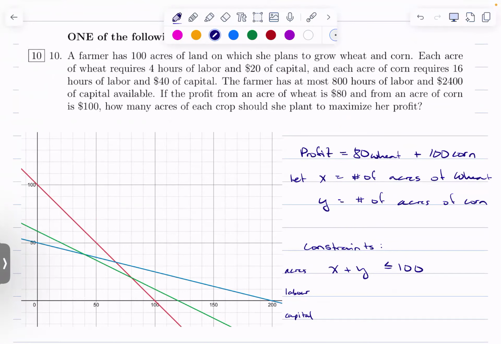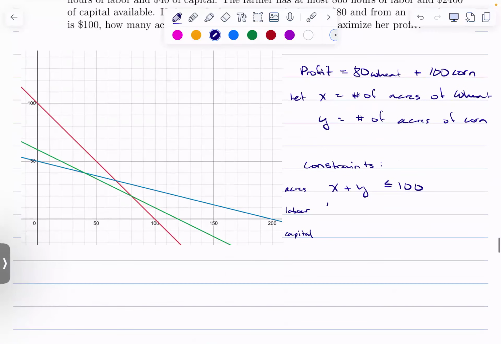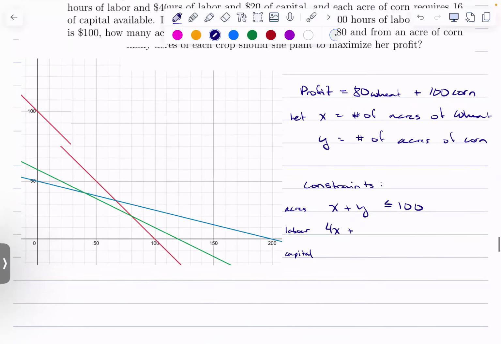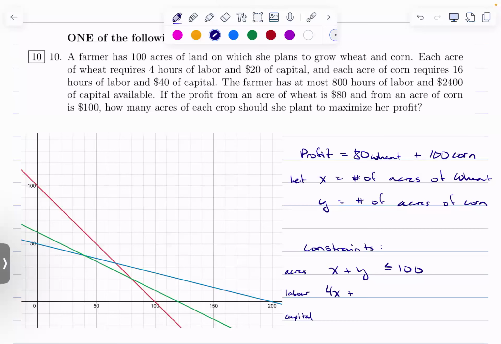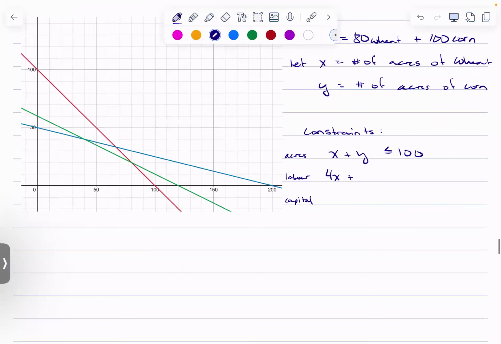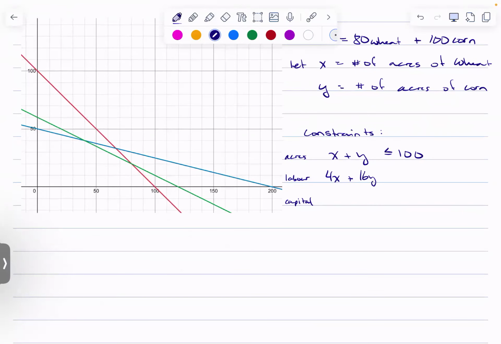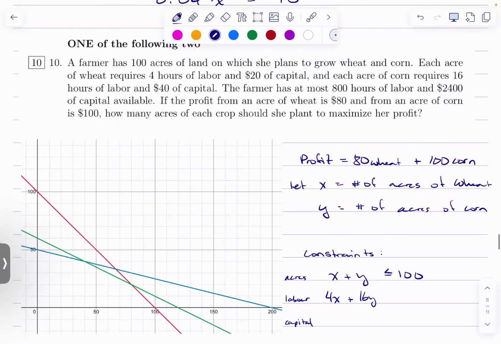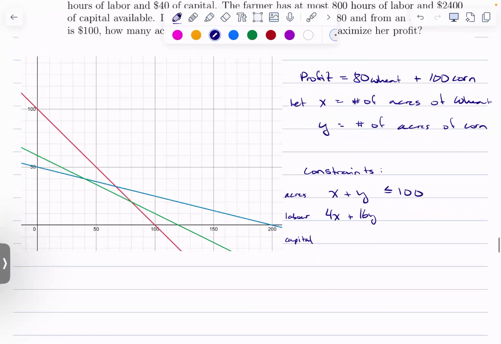That's 4 hours per acre of wheat, so 4x. And then for the corn, 16 hours of labor, so 16y. And she can use at most 800 hours of labor, so it's less than or equal to 800.